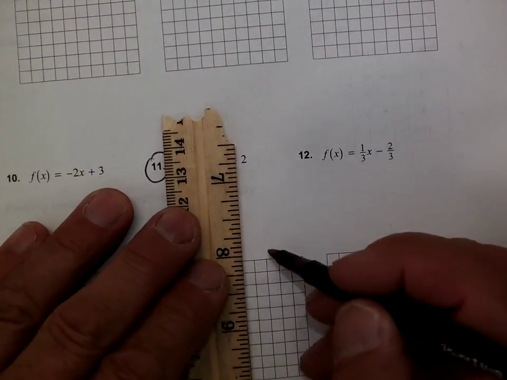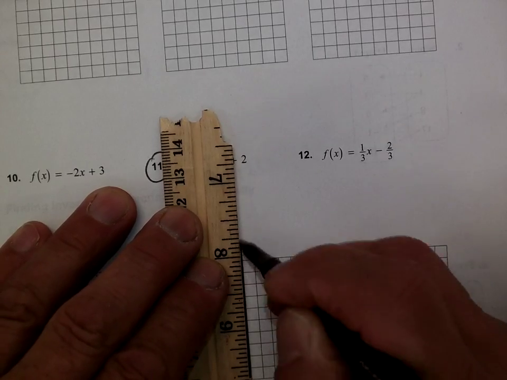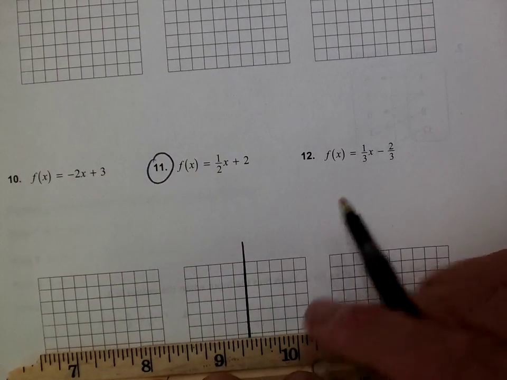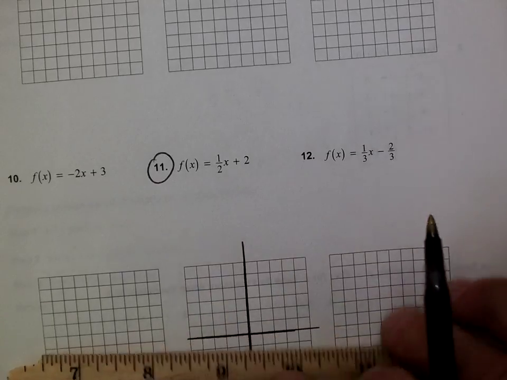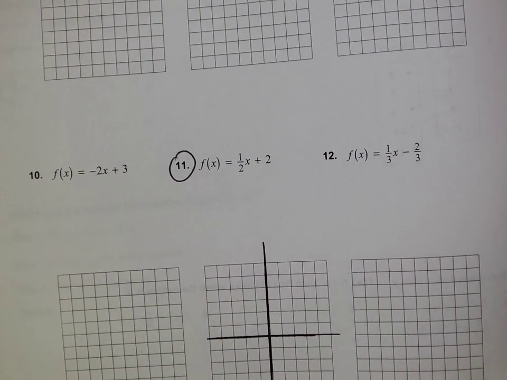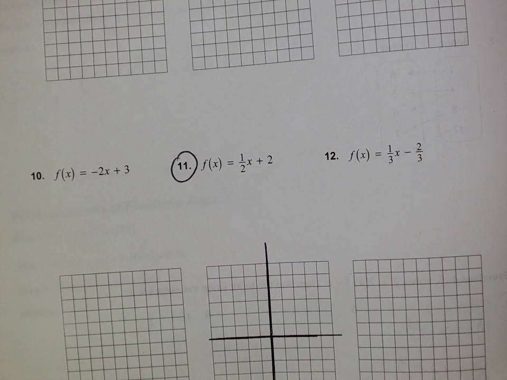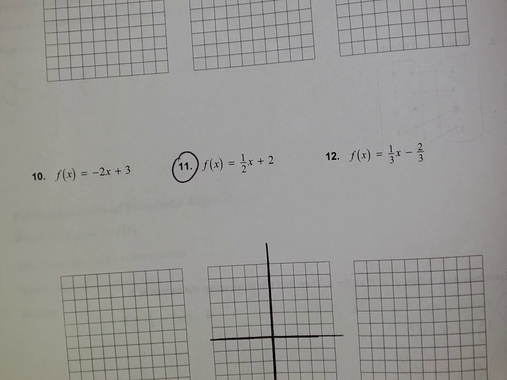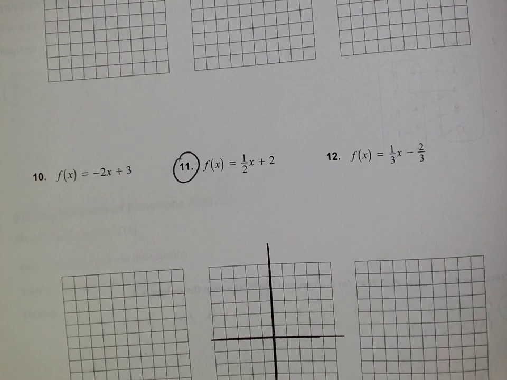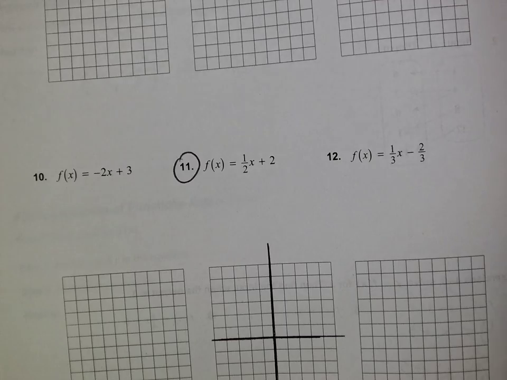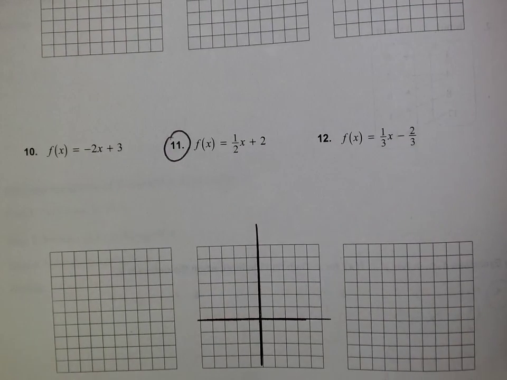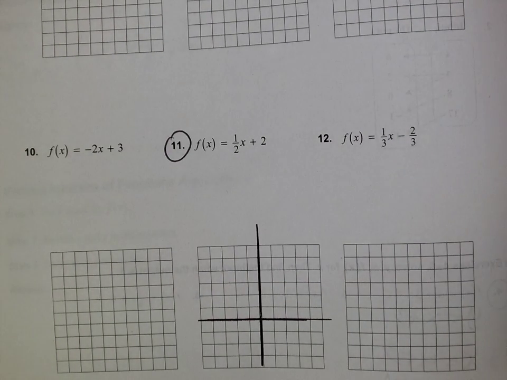Okay. All right, let's do number 11. So I'm going to make my XY axis. So let's look at the directions. The directions say graph the function. That's easy. And then graph its inverse, and then come up with the equation. So on 11, let's do the easy thing first. Let's just graph it.